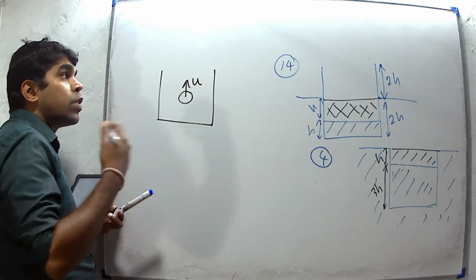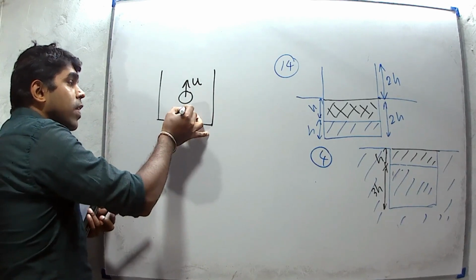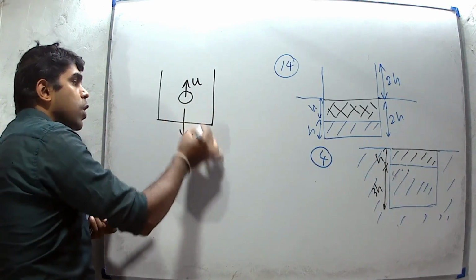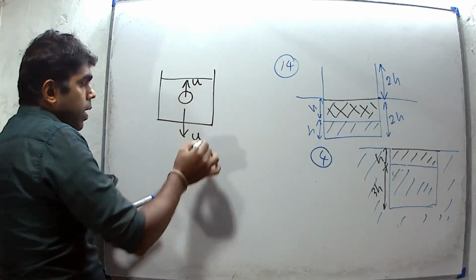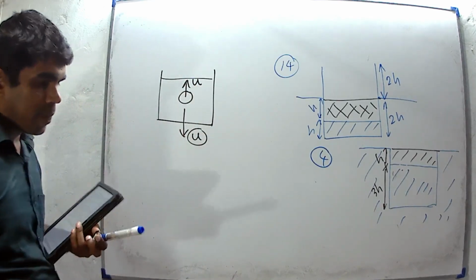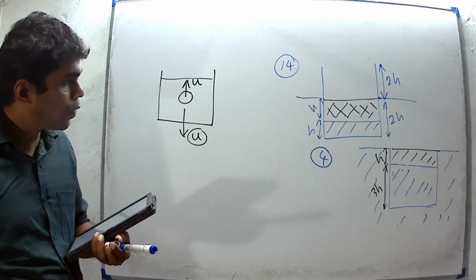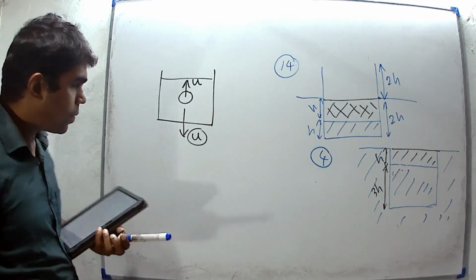And according to Newton's third law, there is an equal and opposite downthrust on this system, the water vessel. This is the increase in the reading of the balance.